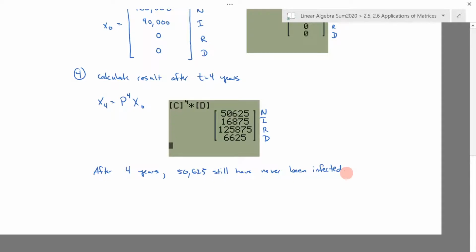And then 16,875 are currently infected after 4 years, right? So that would be year 5. Then that would be starting year 5, right?